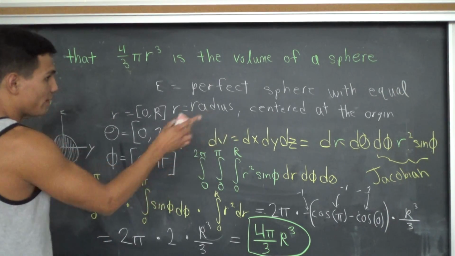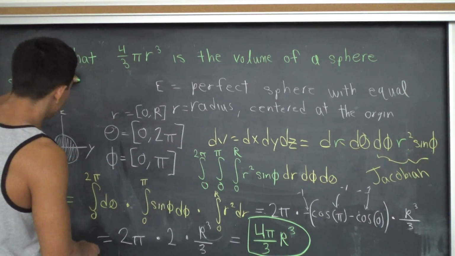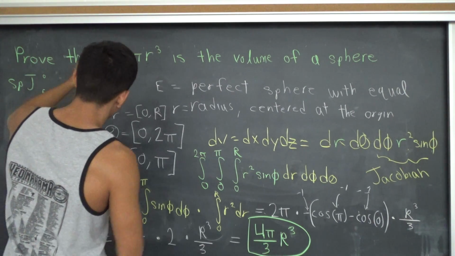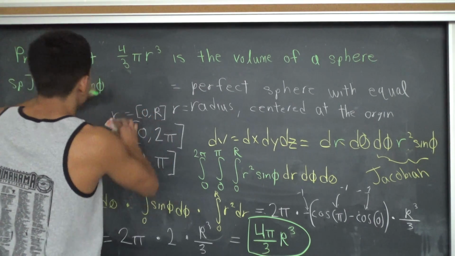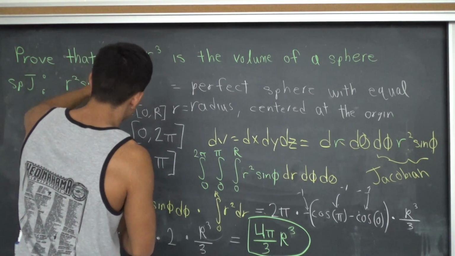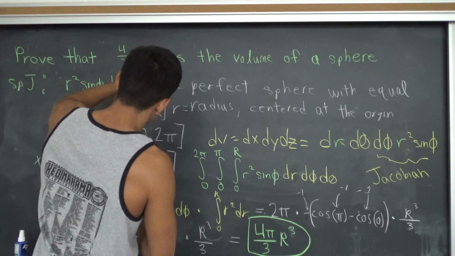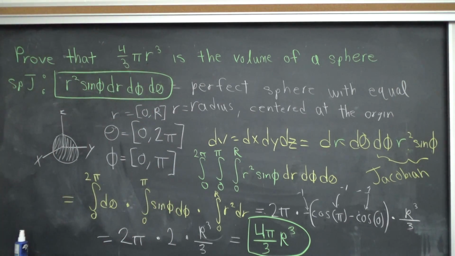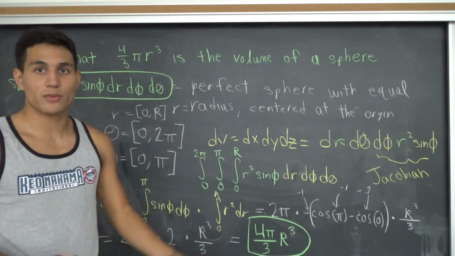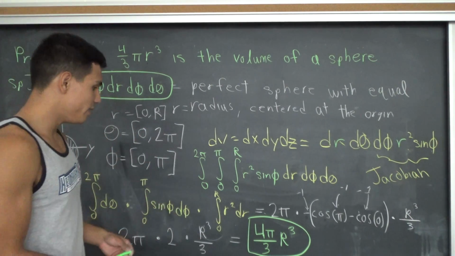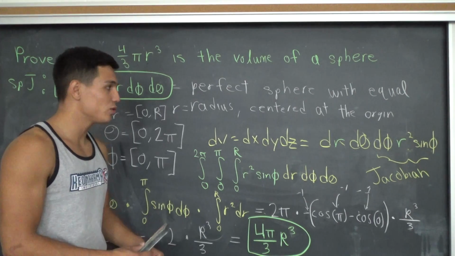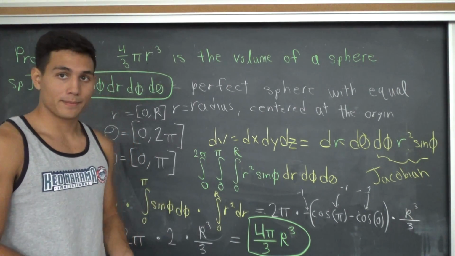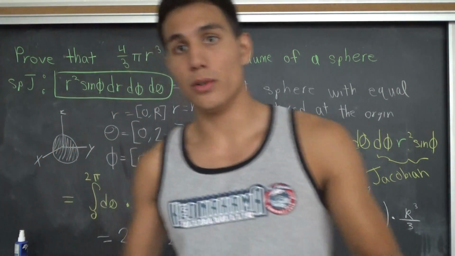You always have it as r squared sine phi d phi d theta, though the order of the differentials can change depending on how you set up the integral. That's your spherical Jacobian, and it makes things really nice, fast, and simple to do. You can find anything with spherical coordinates a lot quicker than using other coordinate systems. Okay, I hope that made sense, and I hope you guys do well in your Calc 4.